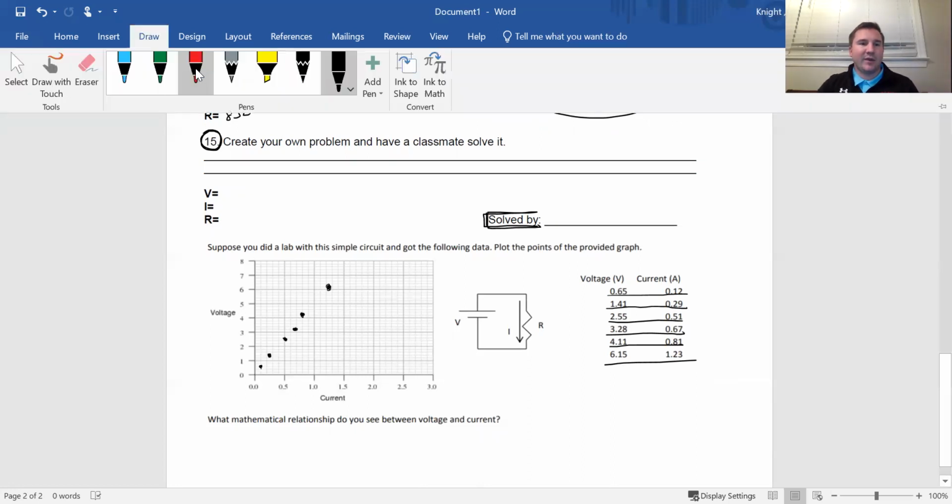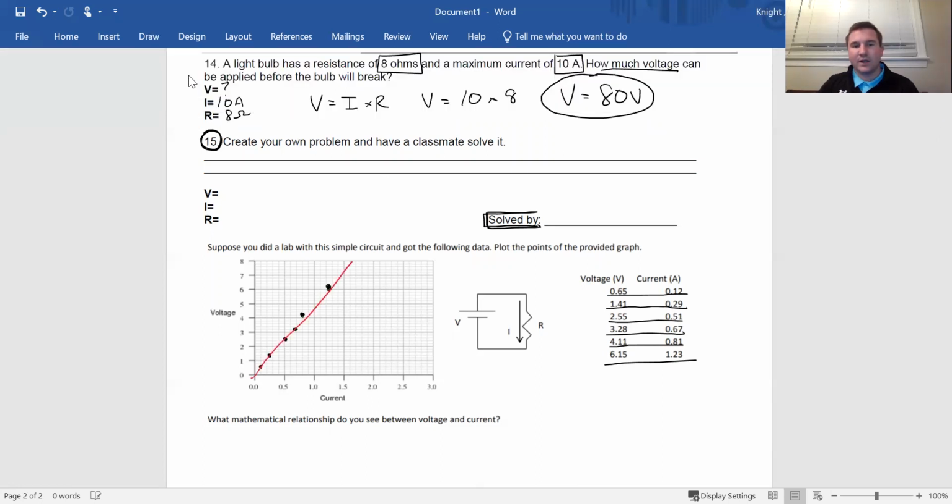And if we look at the pattern we see here, it kind of goes up that way, which means as voltage increases, current increases.